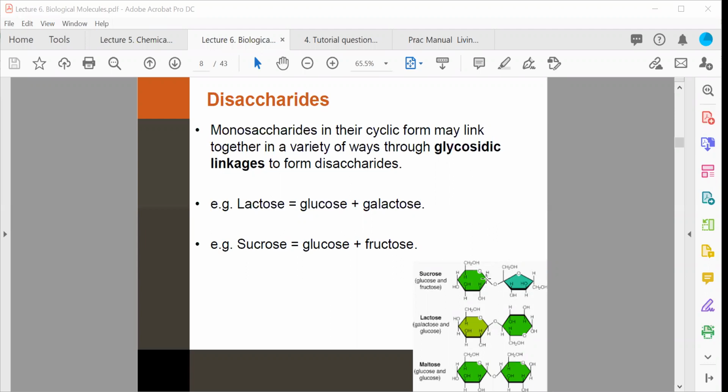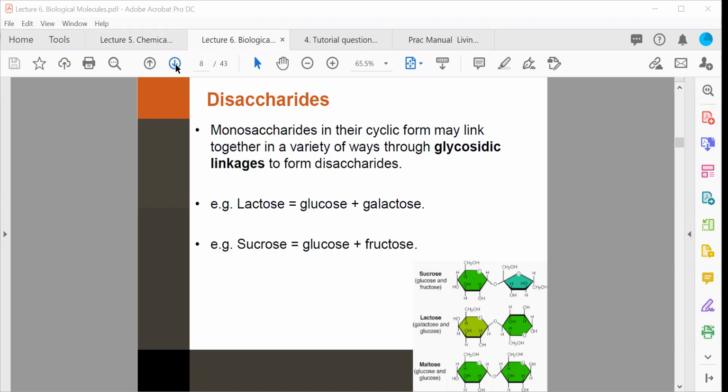And remember that linkage that bonds them together is called a glycosidic linkage. We won't go into details about that here. Another example, lactose, which is formed from one galactose and one glucose. And here we've got another disaccharide, maltose, which is two glucose monomers bonded together.